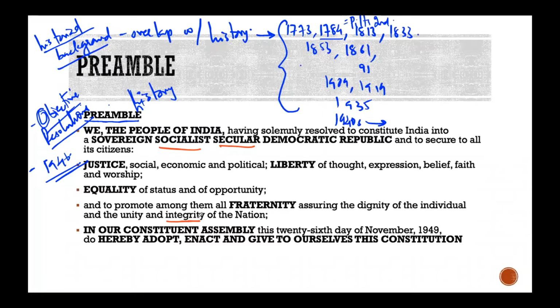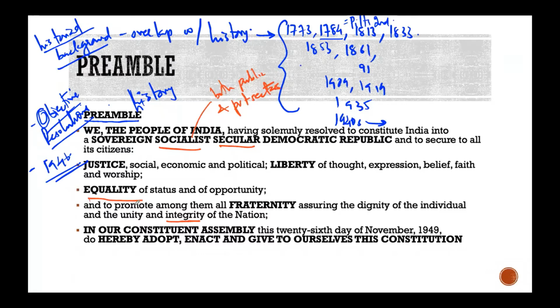If I say what is socialist, what does establishing a socialist pattern of society mean? We have both public and private sectors. Equal opportunity to all. In fact, equal opportunity comes in your equality aspect.